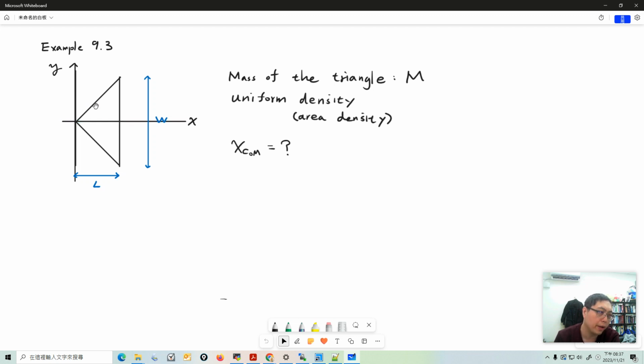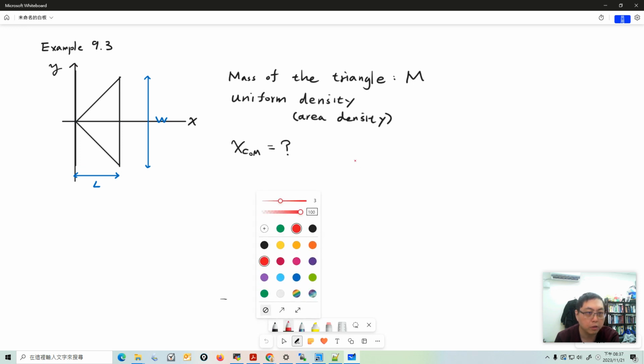So the y coordinate of the center of mass must be 0. So YCOM is 0, and that's why the problem didn't ask you to calculate it.